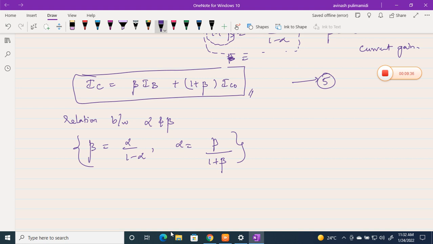Beta is a measure of the amplification ability of a transistor. A higher beta can act as a better amplifier. If beta is more, amplification is better.